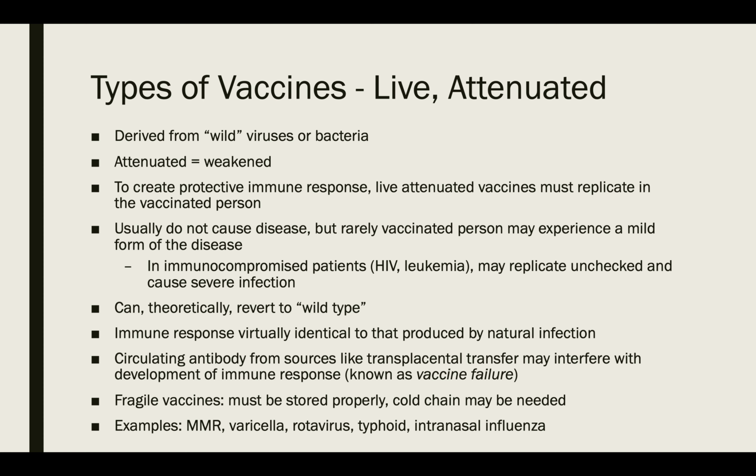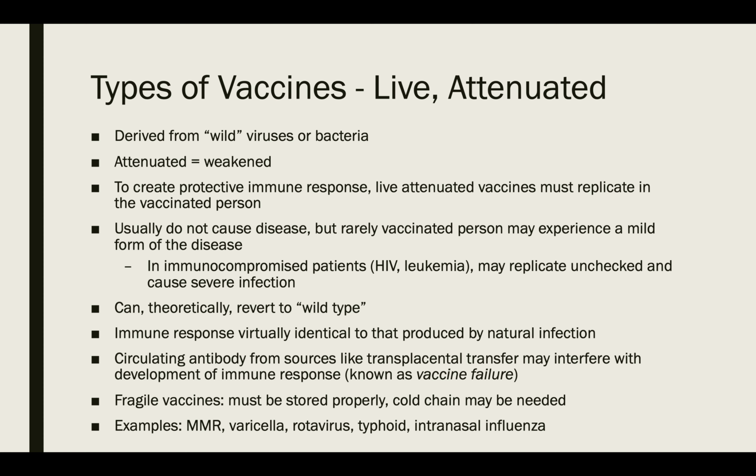Circulating antibody from sources like transplacental transfer, so the IgG that a fetus gets from its mother through the placenta, if it's still circulating in that baby's body, could interfere with the development of immune response, and that's known as vaccine failure. This is why we don't give infants live attenuated vaccines.